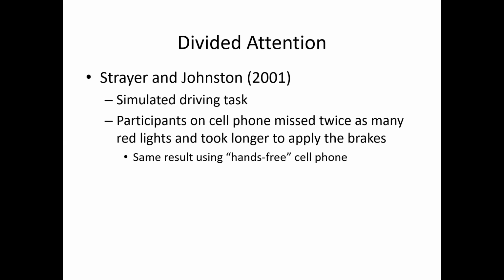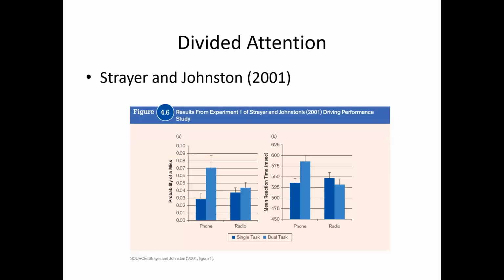And cell phone and instant message conversations also can impair exam studying, just to let you know, for another example of a different type of task and how the attention is divided there. All right, so these are the results from this study.